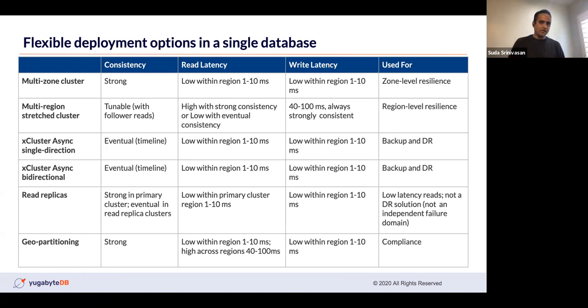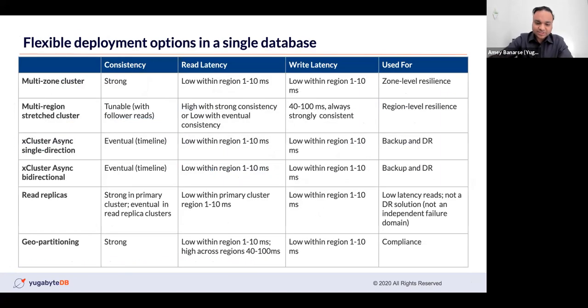If you are interested in this topic and want to learn more, I would definitely recommend checking out the webinar we did, on engineering around the physics of latency, talking about geo-distributed databases.